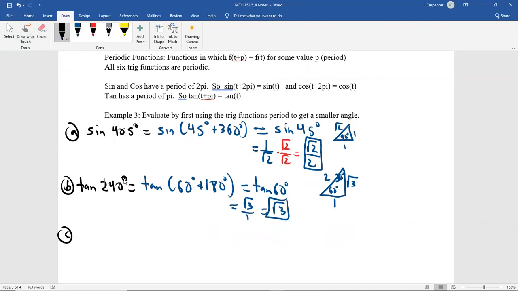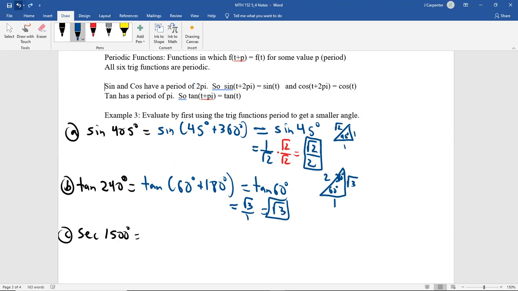Finally, C, we are going to do the secant of 1500 degrees. Sorry, distraction. Now, secant is the reciprocal of cosine. Cosine has a period of 2 pi or 360 degrees. There's a bunch of 360 degrees in here though.